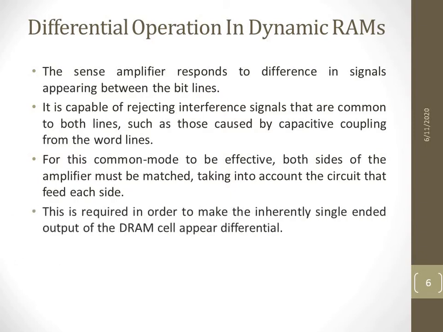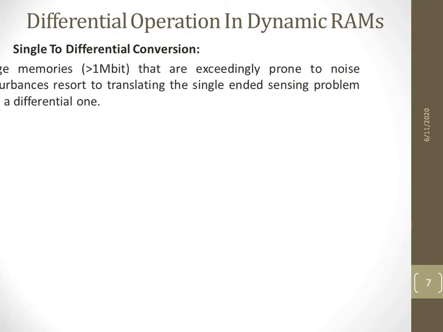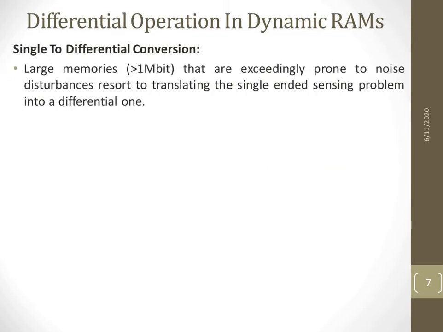This is required in order to make the inherently single-ended output of the DRAM cell appear differential. So single-ended to differential conversion is one step. Large memories, greater than 1 megabit, are exceedingly prone to noise disturbances, so they resort to translating the single-ended sensing problem into a differential one.